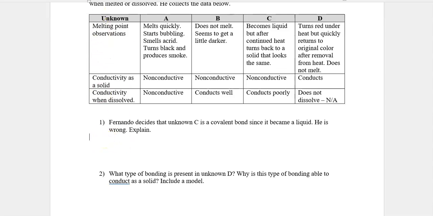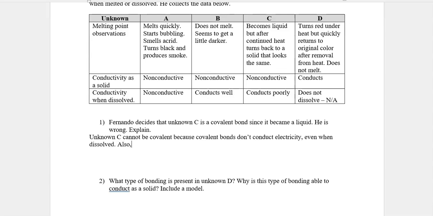Sometimes ionic compounds will actually absorb water, and when they do that, you can drive the water off when you heat them. They're called hydrates. But anyway, unknown C cannot be covalent because covalent bonds don't conduct electricity, even when dissolved.